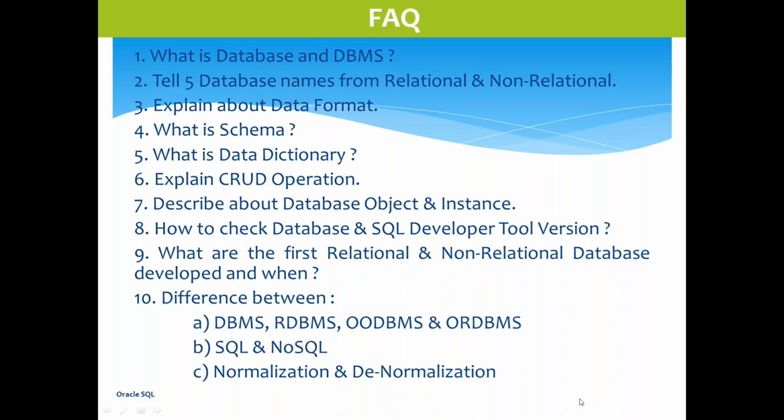If you are going to create something and we are storing the data there, then only we can call it an object. Table we are creating, table is an object. View we are creating, view is an object. Index we are creating, index is an object. So wherever we are creating something to store data and work with the data, that is called an object. Table is one of the objects. So in the starting, we'll start with the table object only. Later on, we'll discuss other objects.